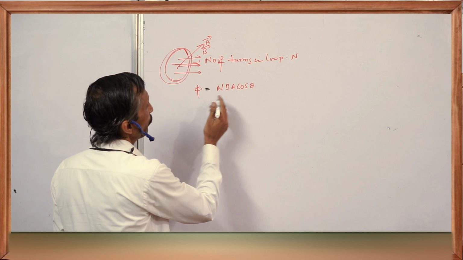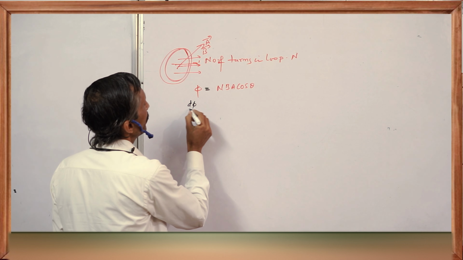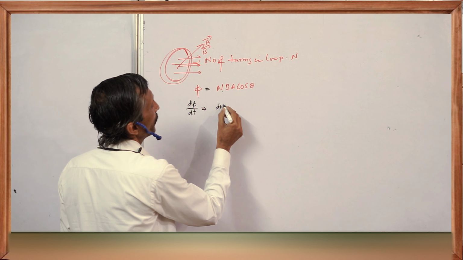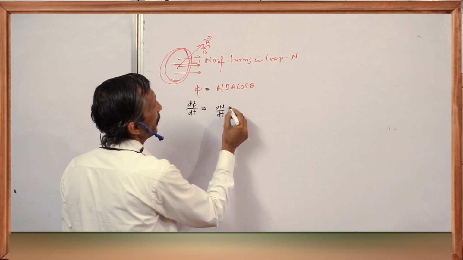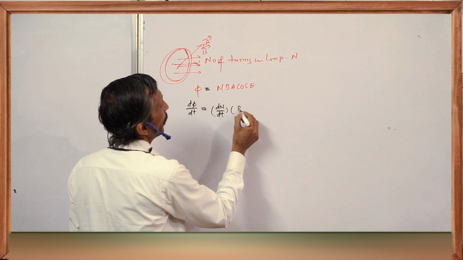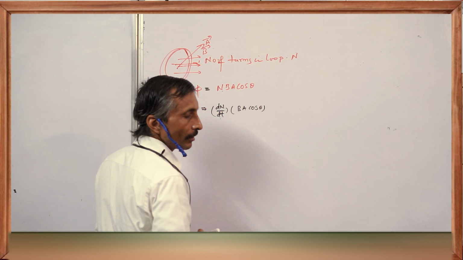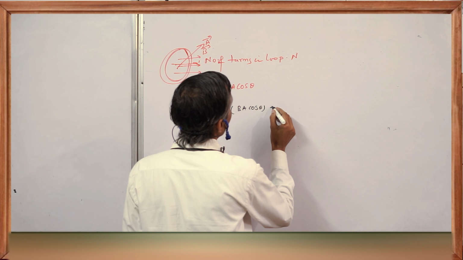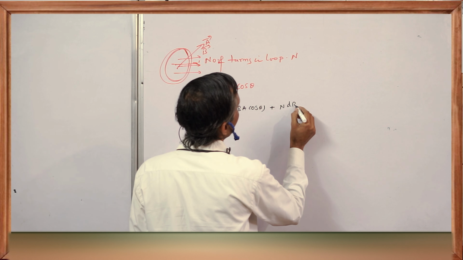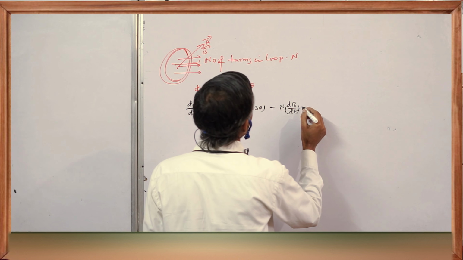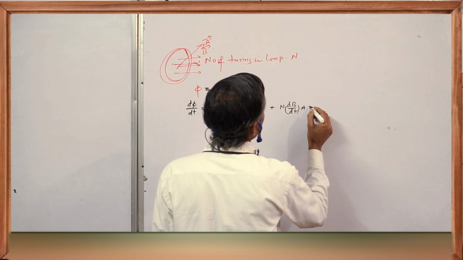Sometimes, for d phi upon dt, the rate of change of magnetic flux, the first term is dN by dt, and the other terms are not changing. The next term is N dB upon dt, and the other terms are not changing.